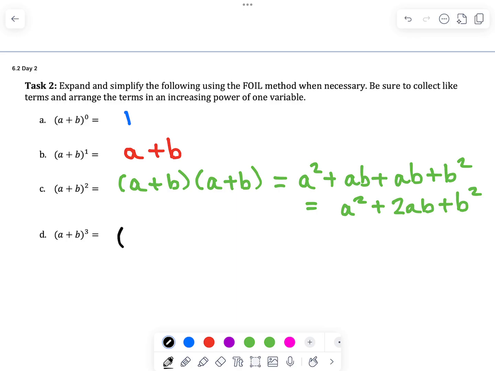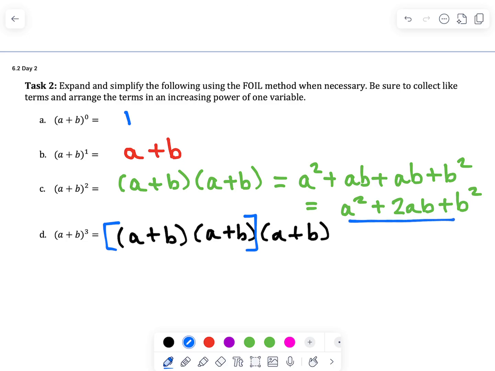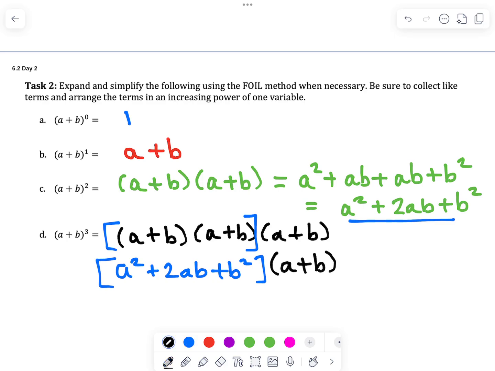The next one is now 3 binomials, a plus b, a plus b, a plus b. So we first need to FOIL the first two. Well, we already have that here. So that's a squared plus 2ab plus b squared. And then we multiply it by our binomial a plus b.